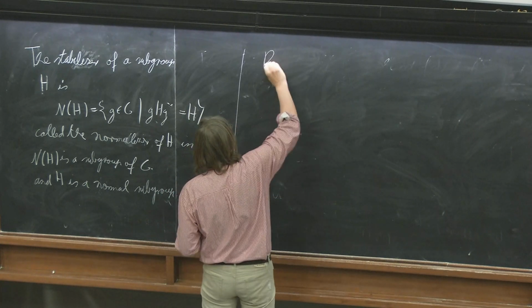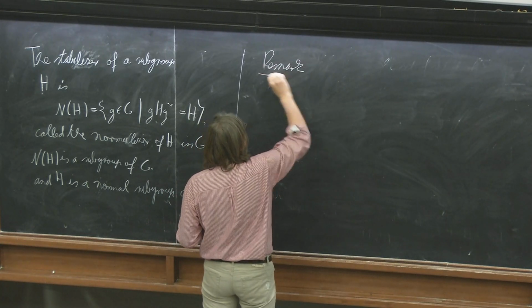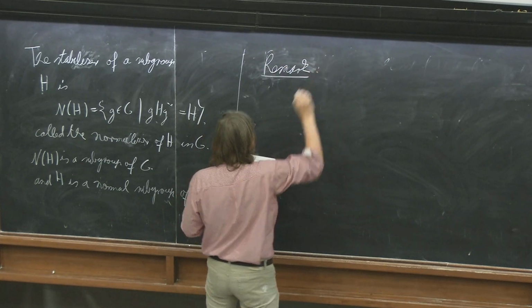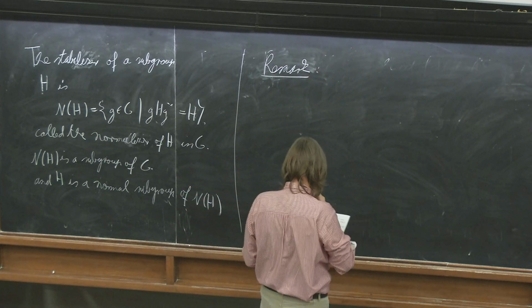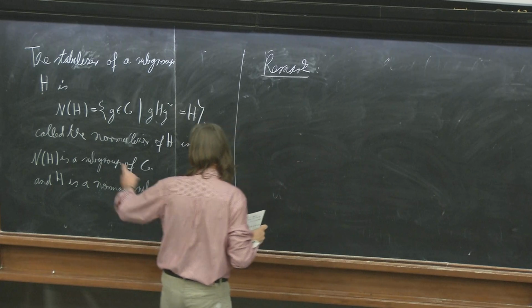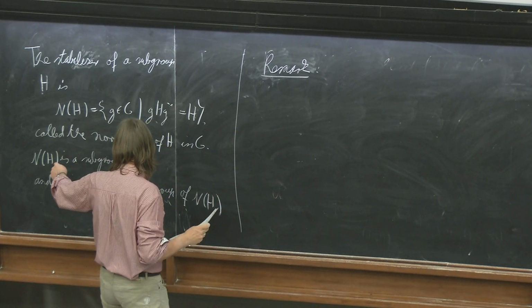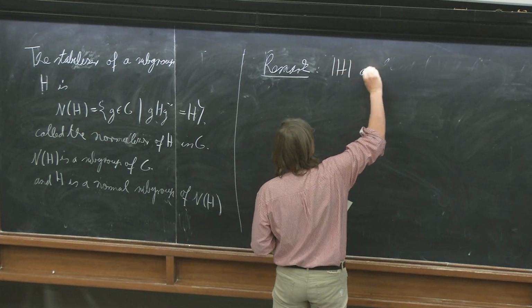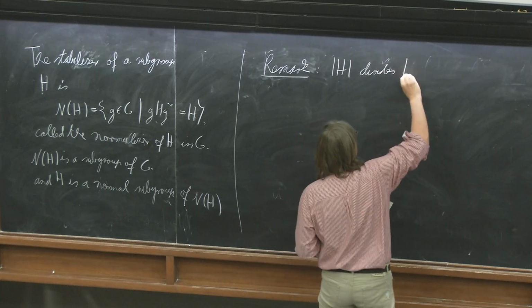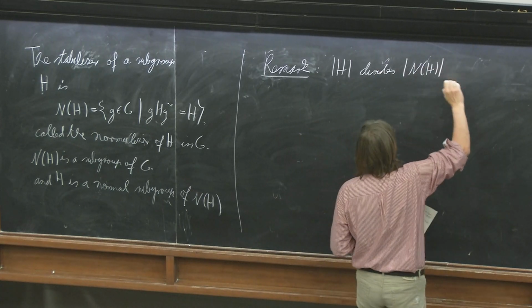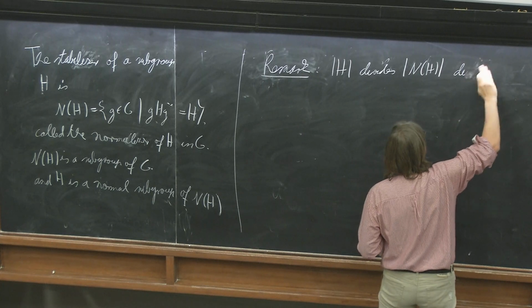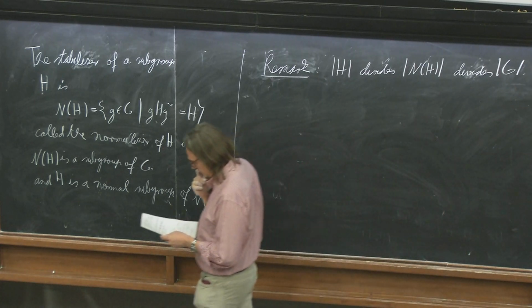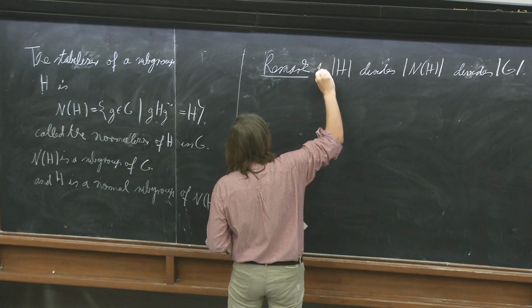As H is a subgroup of N_H, and N_H is a subgroup of G, we get that the number of elements in H divides the order of N_H, and this divides the order of G. So this is the first remark we want to use.